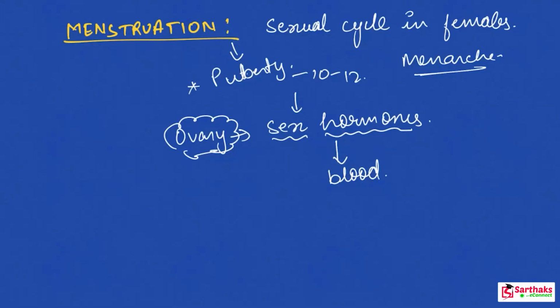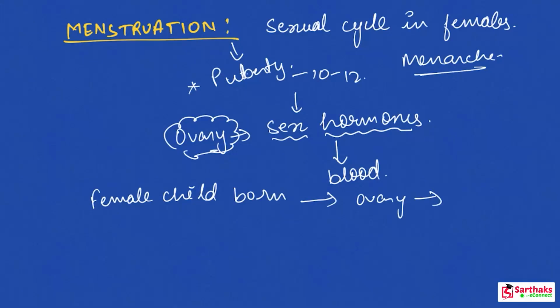When a female child is born, listen to me very carefully, in her ovary there are thousands of immature eggs present. These immature eggs become mature at the age of puberty.